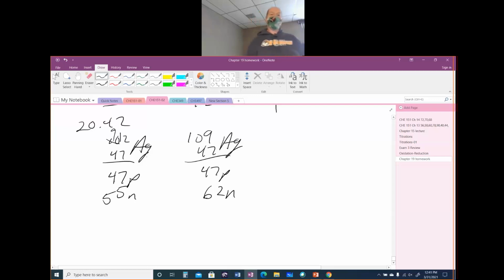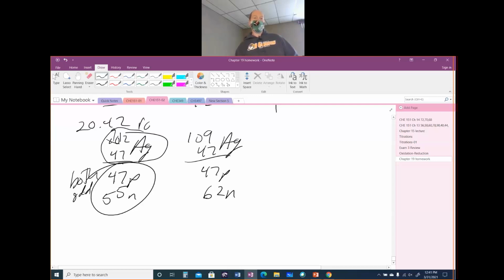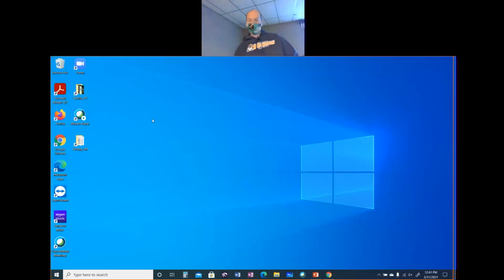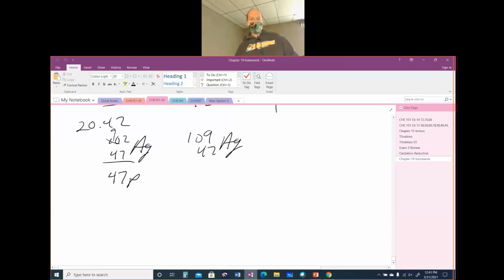Here I see 2 odd numbers. These are both odd. The chances of that being stable are very, very low. So you would predict this one to be radioactive. And since one is radioactive, you predict the other one to be stable.